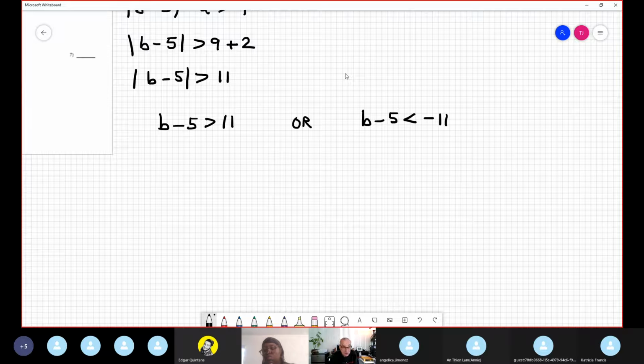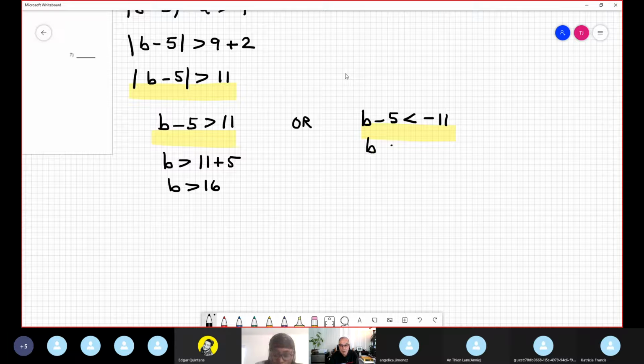So this inequality is equivalent to 2 pieces connected by or, which means union. You solve the first part, you solve the second part, and finally we connect them. This is b is greater than 11 plus 5, which is 16. And this is b less than negative 11 plus 5, which is negative 6.